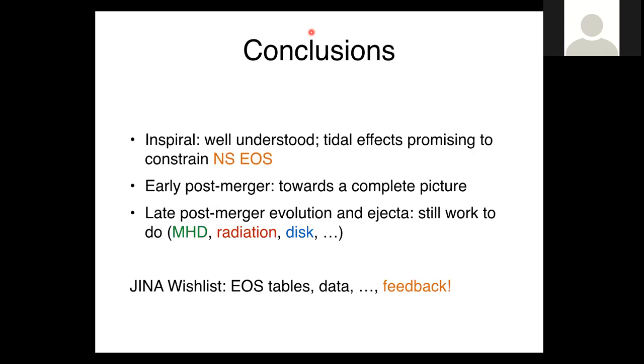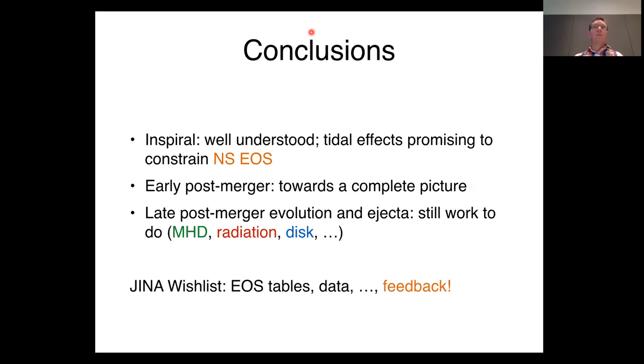So there are efforts that are more concerned with MHD effects, and there are efforts that are more concerned with just the ejection of matter. I would say that the current state of the art is we know how to produce light curves from this dynamical ejecta.